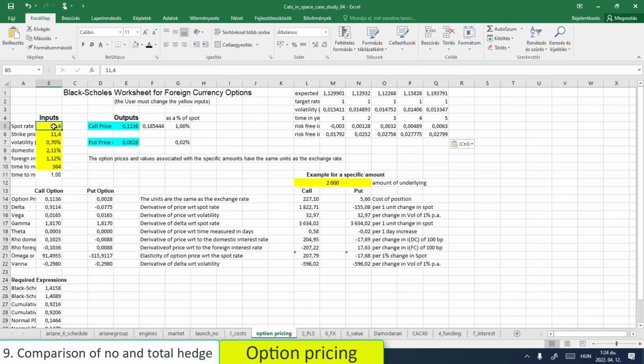This one is making all the calculations for us. So spot rate, it's coming from here. Strike prices, this one. Volatility, this one. Domestic interest rate, this one. Foreign interest rate, this one. Time to maturity in days, okay, is 1 year.